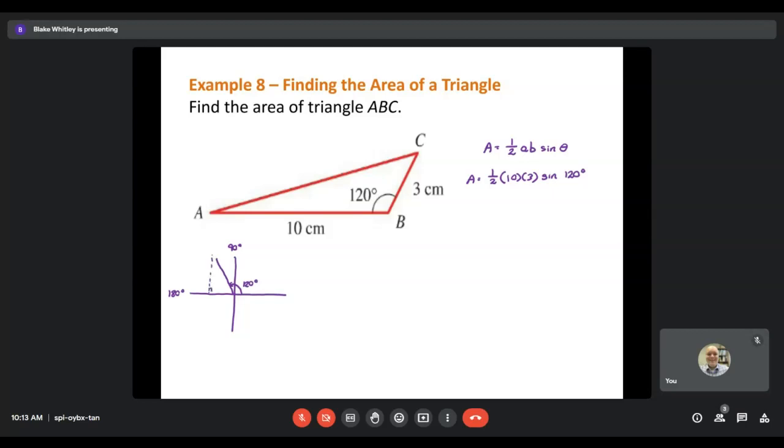Draw your triangle back to the x-axis. Find your reference angle. So to find this reference angle, I'm going to do 180 minus 120, which is 60. And now I can actually find the sine of 60 degrees, because that's one of our special ones from our chart. And that should give us square root of 3 over 2.